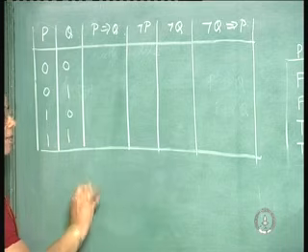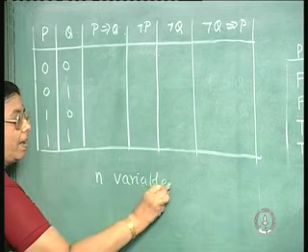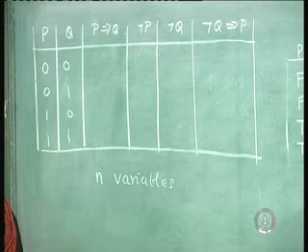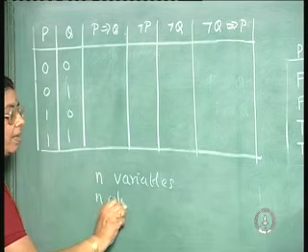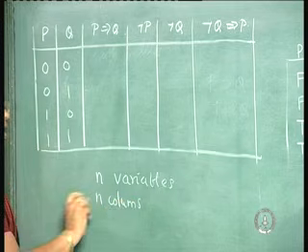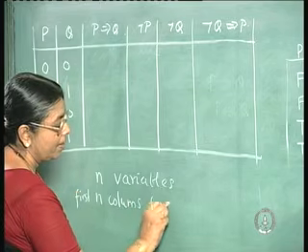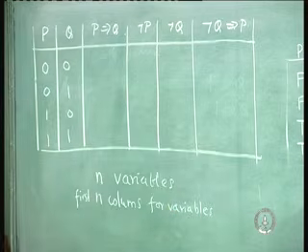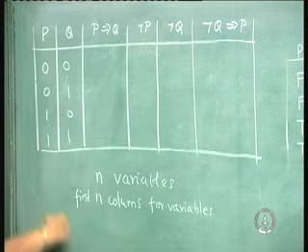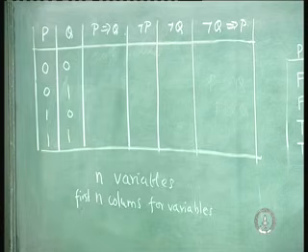In general, when you deal with n propositional variables and you want to study the truth table for an expression involving them, there will be n columns. The first n columns will be for the variables, and later on there will be more columns. Here there are 2 variables, so 2 columns are for the variables, and here you consider every possible assignment for the variables.